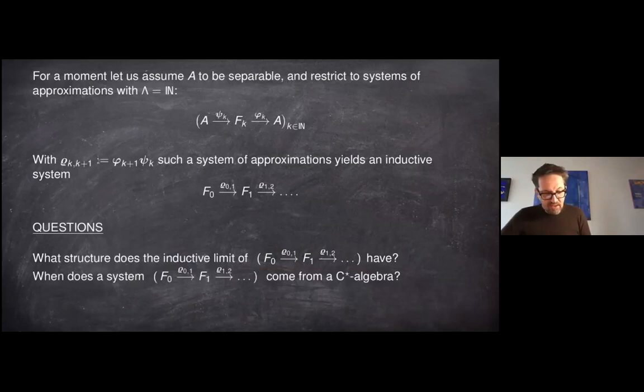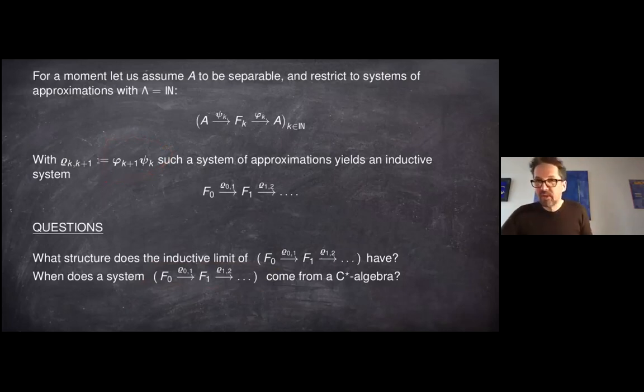Okay, and you can also ask, can you see from such a system whether or not it comes from a C-star algebra in the sense that I described earlier, whether or not it comes from maps like this.